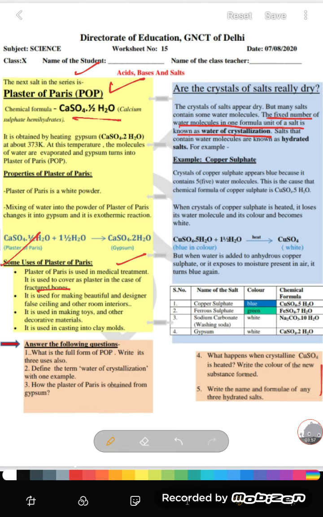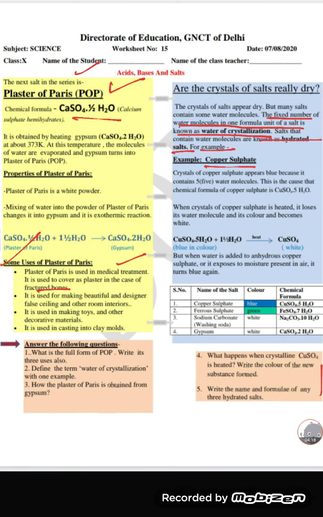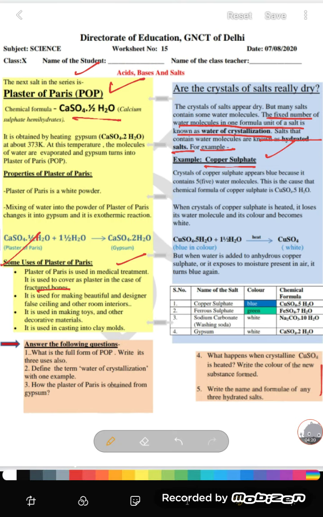Means this is the water molecule required to form the crystal of that particular salt. The salts that contain water molecules are known as hydrated salts. Students, this is very important. What is a hydrated salt? A hydrated salt means the salt which contains water. For example, copper sulfate.